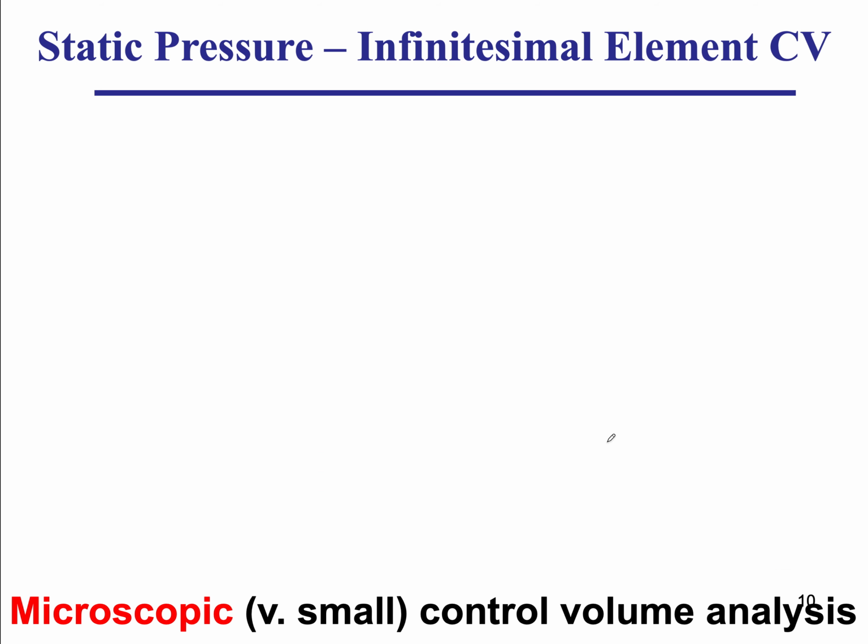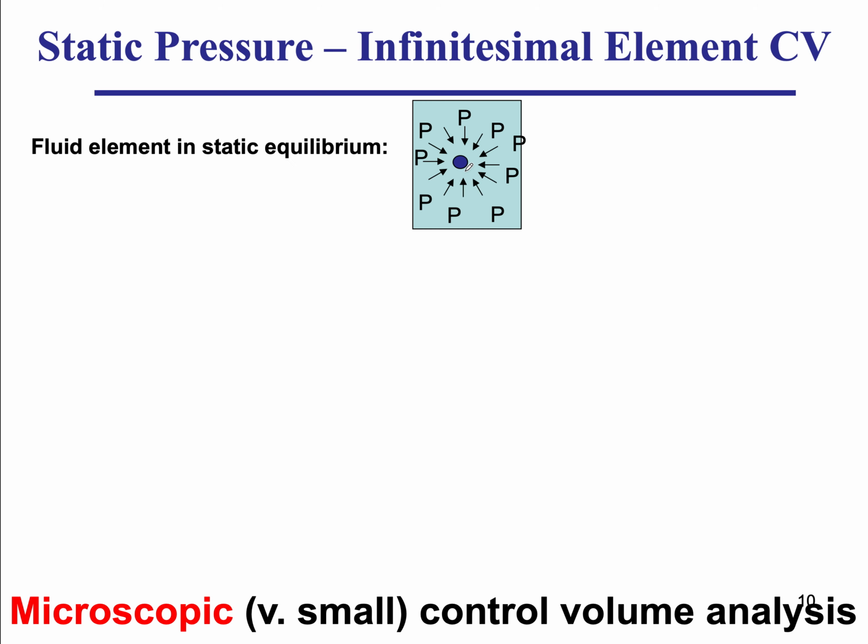And now I can do the same thing, but instead I still want to get the pressure at this point. But now what I do is I'm going to pick as a control volume, not the macroscopic control volume I picked from the free surface all the way to the level that I want.